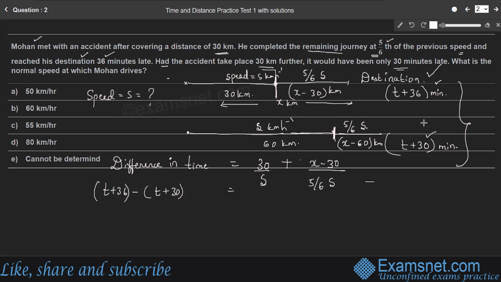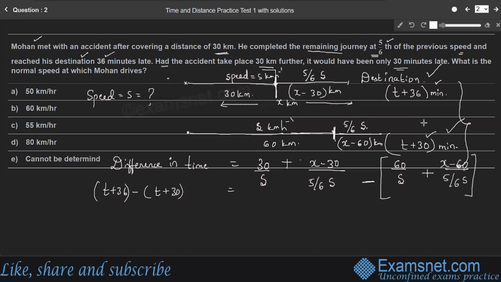Minus, so when the time taken by him is t plus 30, then it becomes distance by speed. Before he met with the accident, distance by speed was 60 by s, right? Plus, so total time we are considering, plus x minus 60, the remaining distance, by 5 by 6 of s, right?